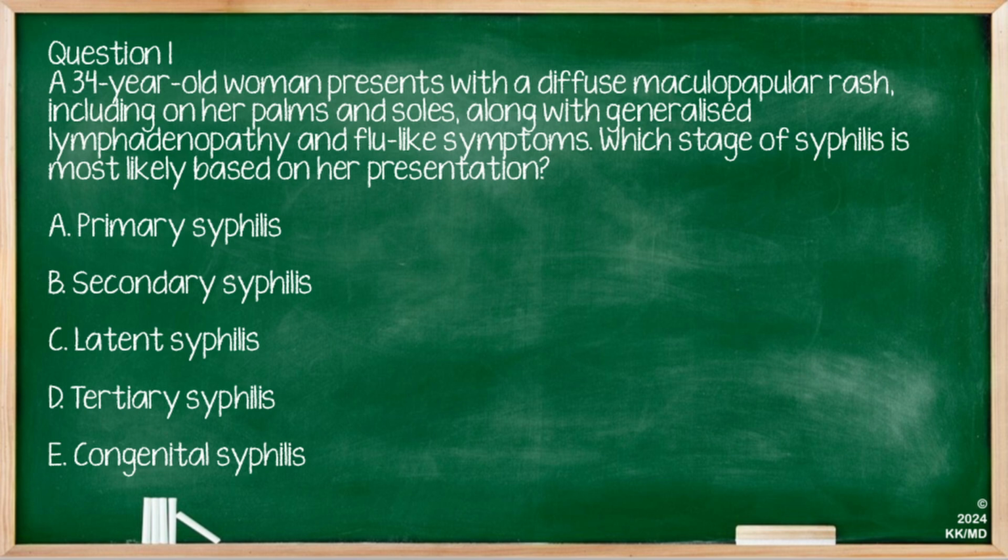And then option D, which is tertiary syphilis, is also not going to be correct because recall that with tertiary syphilis, you do expect many years to decades to pass from the initial infection.